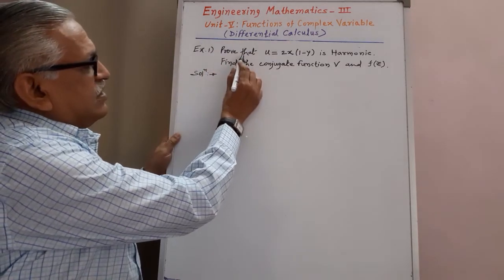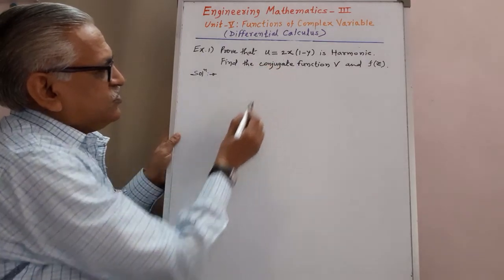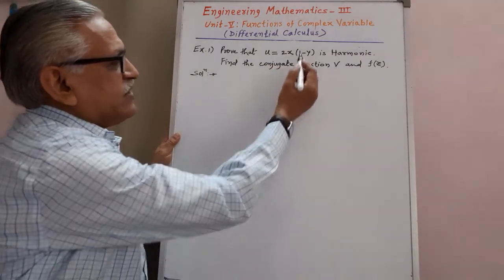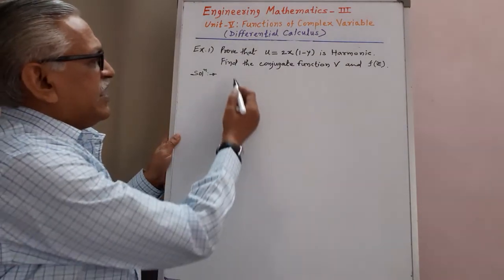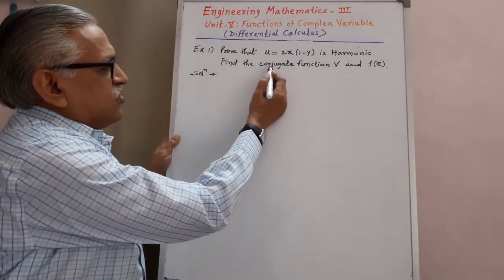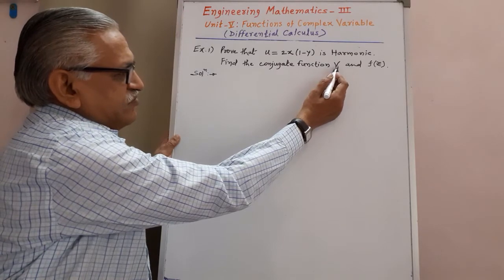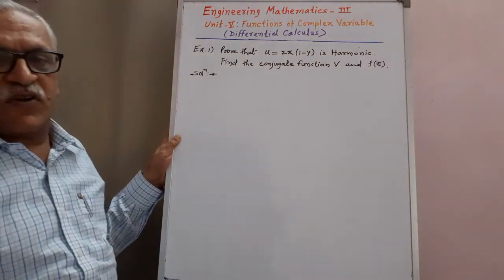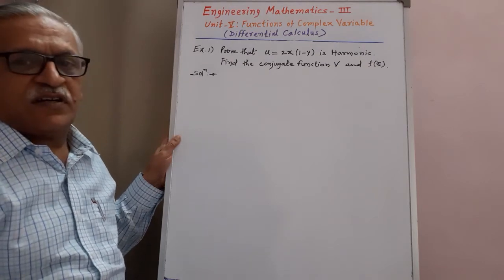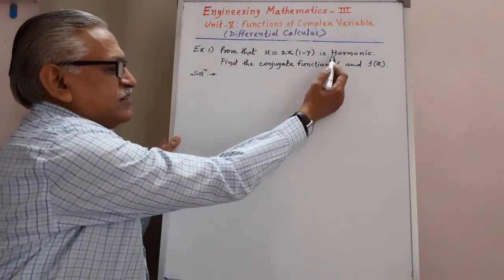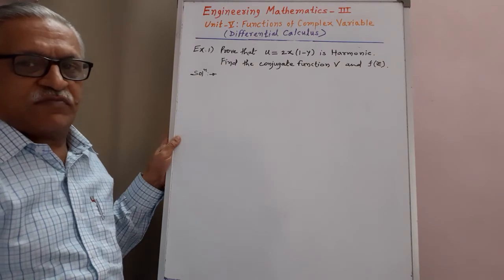First example: prove that u = 2x(1 − y) is harmonic, and find the conjugate function v and the corresponding f(z). Therefore, in this question we have to perform three parts. First part, show that the function is harmonic.